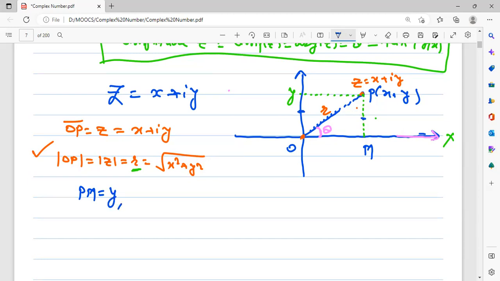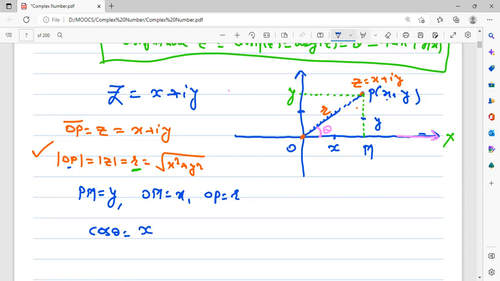And what is the OM distance? OM is the projection on the x-axis, therefore OM is equal to x. This OP is r. Now tell me, this is x and this is y. Now tell me what is cos theta.